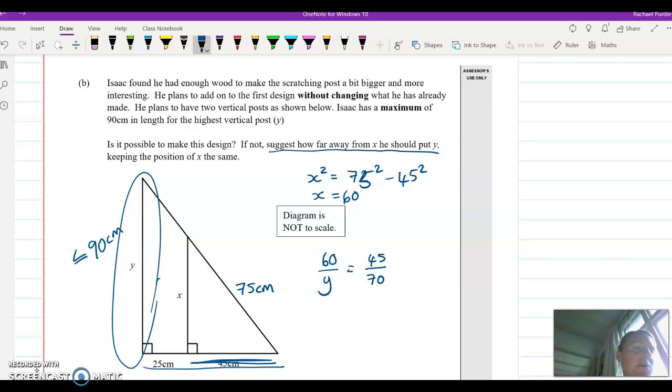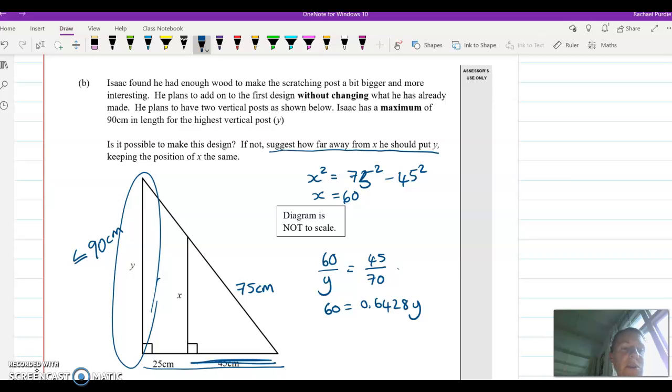So let's try that out. What have we got? 45 divided by 70 is that, and I've done mine kind of upside down, sorry guys. So you end up with 60 equals 0.6428 Y. I've just turned that into 0.6428, and then I've times it by Y. And so now I'm going to divide 60 by all of that.